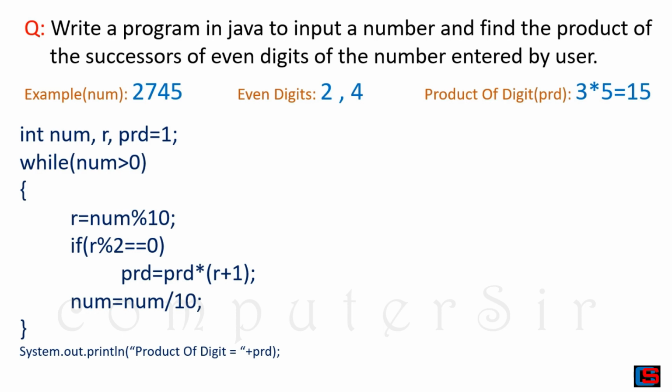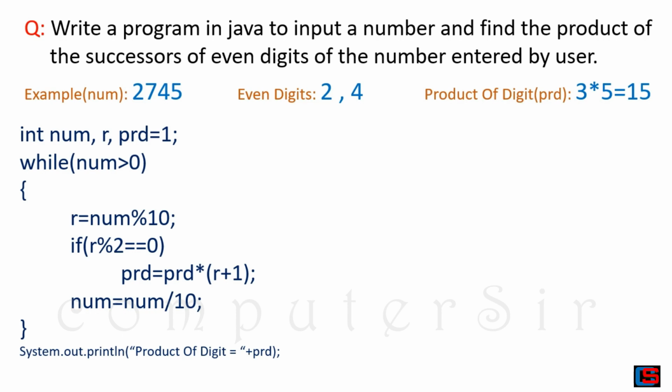So until num becomes 0, the loop will continue, and the individual digits are taken from the right-hand side, from the last digit, then the next, and then the first one. So from the last digit in reverse order, the individual digit of the inputted number is generated in the variable r, and then I'm going to check whether r is even or not.